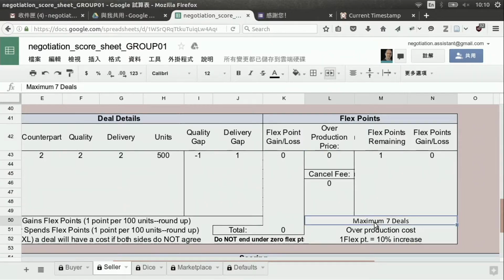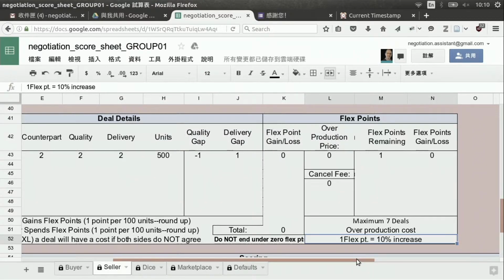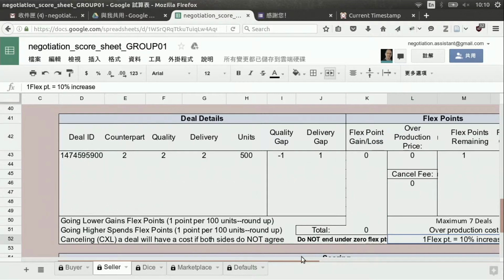You have a maximum of 7 deals and 1 flex point for every 10% increase. Now, what does the 10% mean? It means any number between 0 and 10%. So if you overproduce 11%, how much will that cost you? 2 flex points, because you've gone over 20% basically. They come in these big chunks. So flex points are kind of set, and you need to pay attention to that.